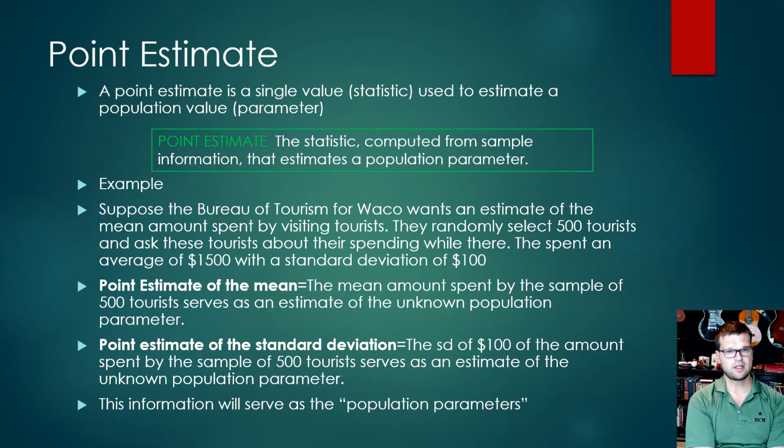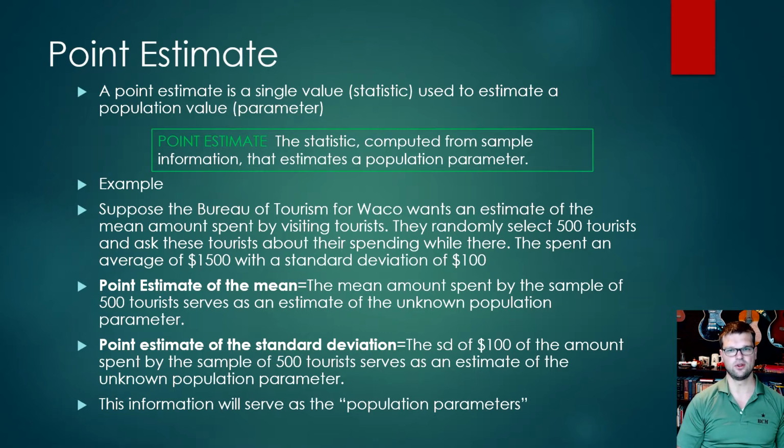So the point estimate, like I said, is a value. It's a statistic that we are going to be using as a population parameter. So you've got the point estimate of the mean, which is the mean amount spent by the sample of 500 tourists, which we're going to have as $1,500, and then the point estimate of the standard deviation is $100.